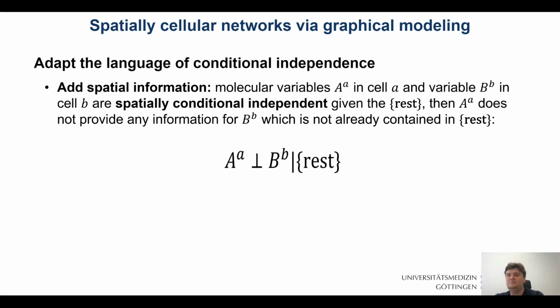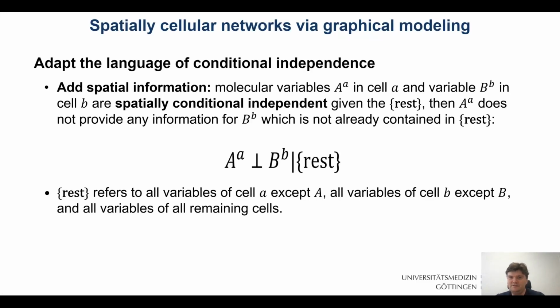And the corresponding way of expressing this in a formula is shown here in the middle. Importantly, we need to specify what rest means. So now rest really refers to all variables of cell a except capital A and all variables of cell b except capital B. And of course, all variables of all remaining cells.